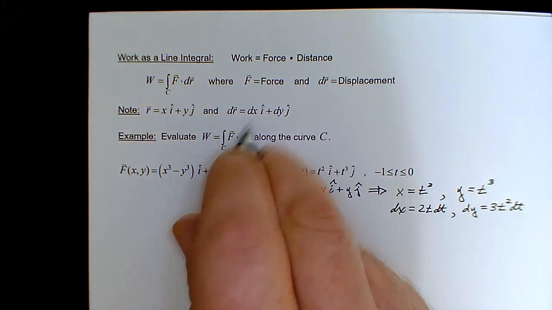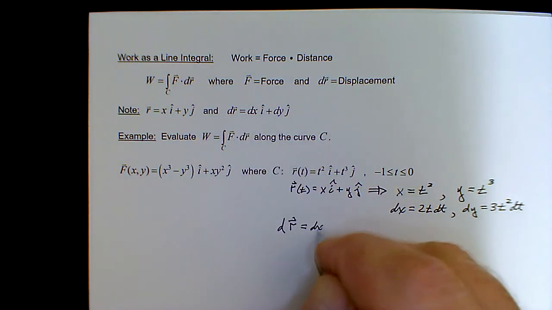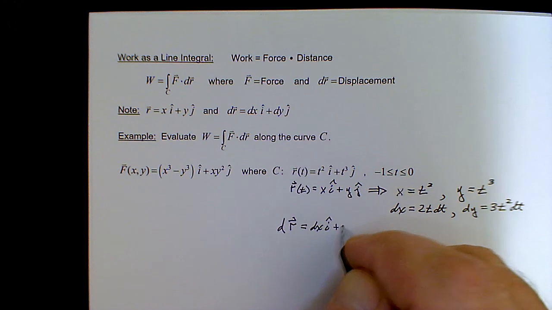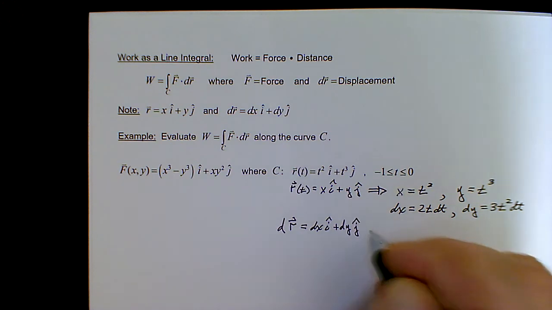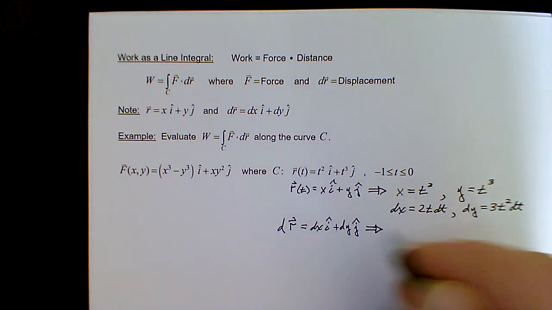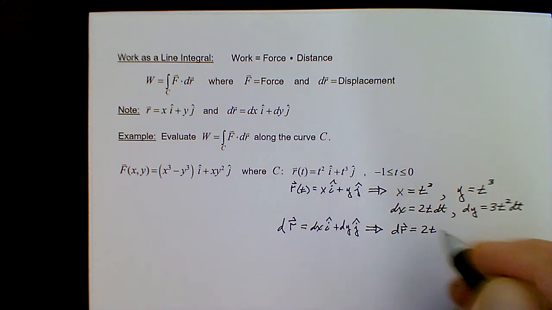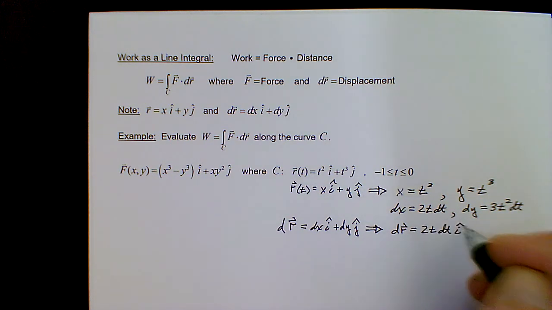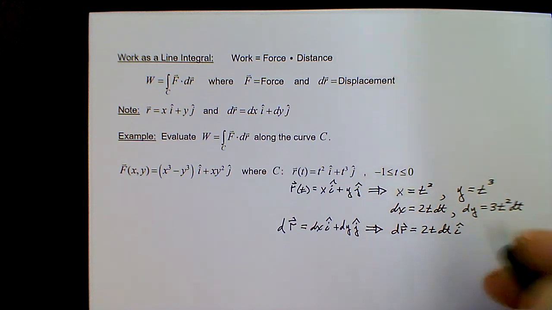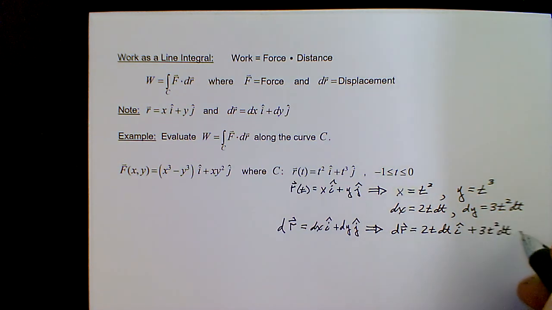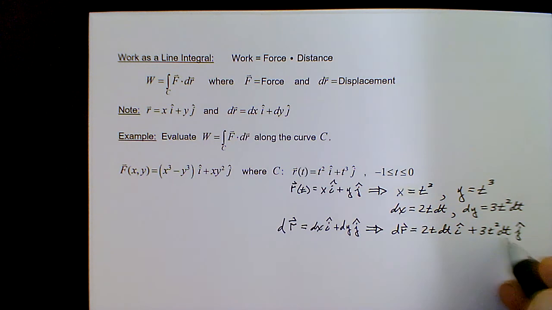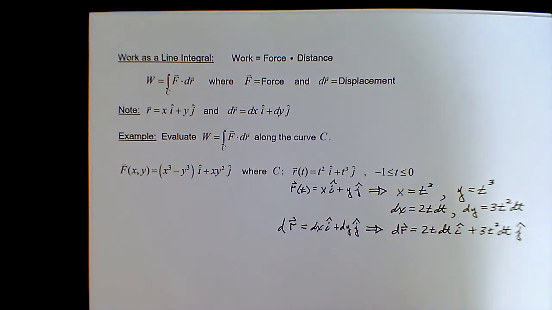Here, I'll write it out using the general formula again. dx i plus dy j, that this becomes dr is equal to 2t dt times i, because that's your dx, and then plus 3t squared dt times j, because the 3t squared dt is the dy.